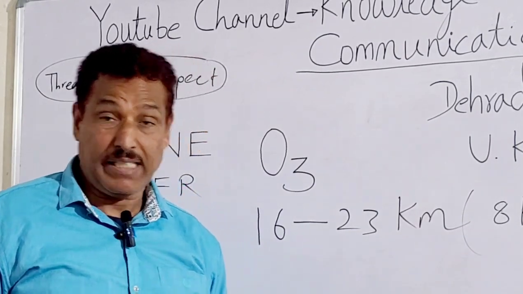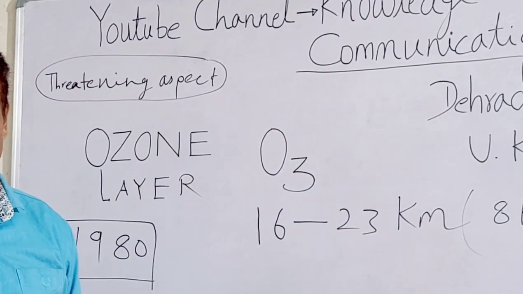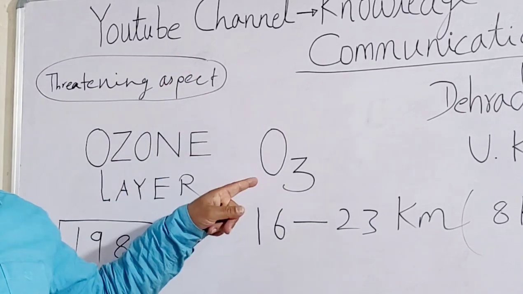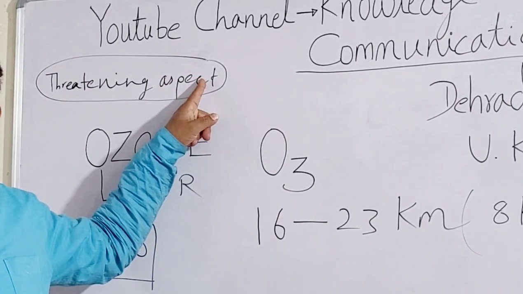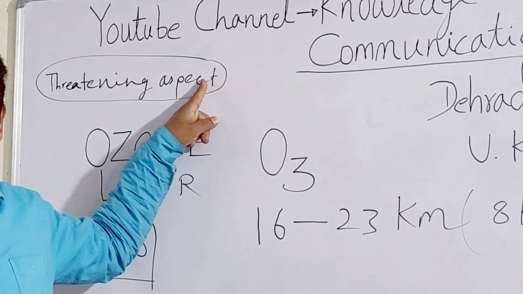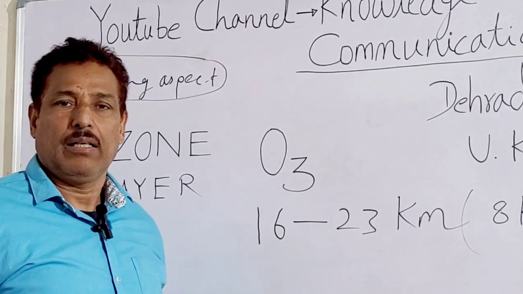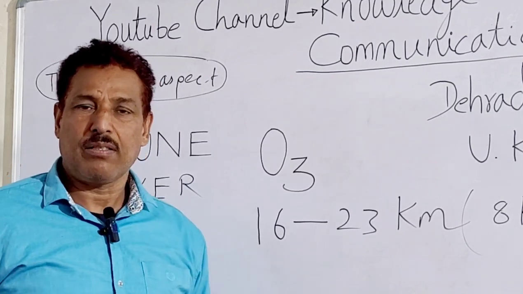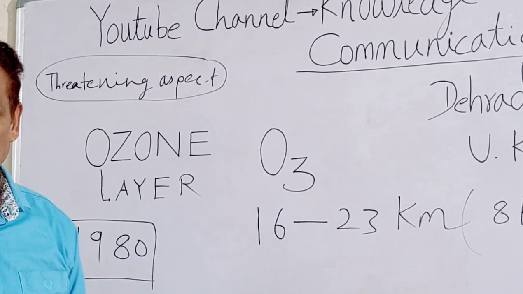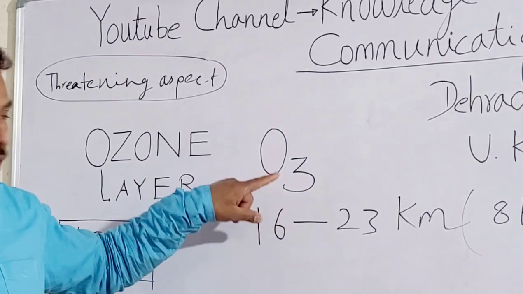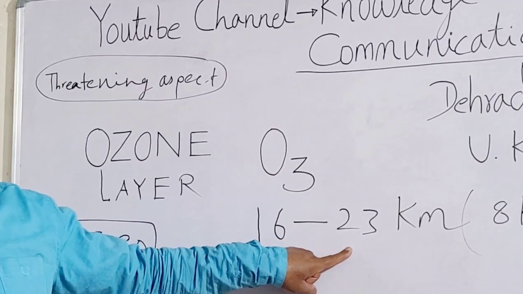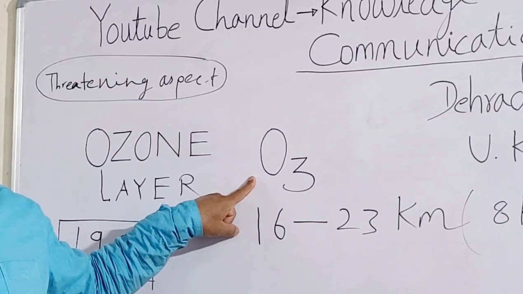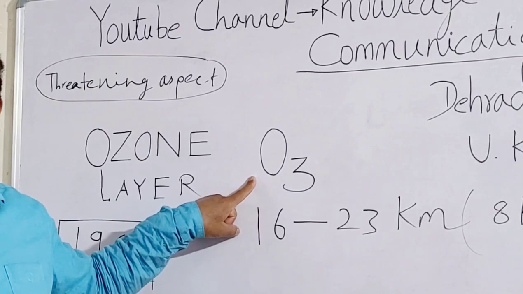This 8 kilometer wide ozone layer is very, very useful, as it protects us from the ultraviolet rays coming through insolation from the sun, from entering the space just above us, that is the troposphere and stratosphere. So the existence of the ozone layer is very, very necessary. It must be in a healthy form.